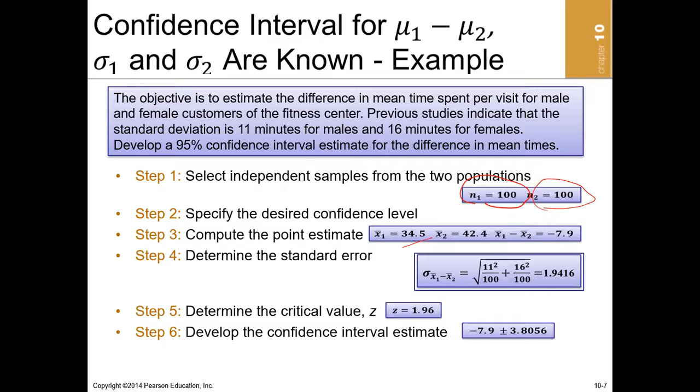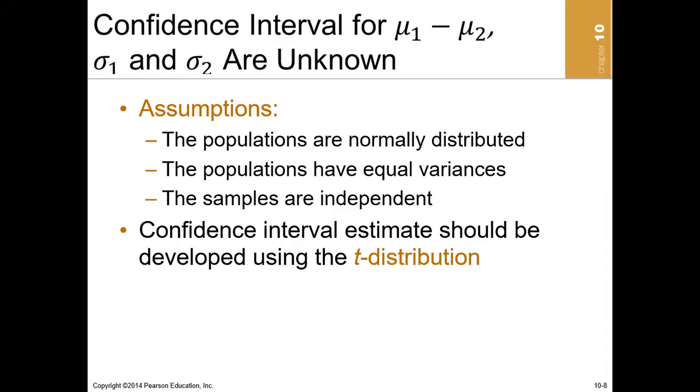when the population standard deviations are known. Now, if you want to compute the confidence interval when the population standard deviations are unknown, remember, we are going to use the t instead of the z. So when you are computing the confidence interval when the two population standard deviations are unknown, we are going to use the t critical value instead of the z. Now, the assumption we make is that the populations are normally distributed.